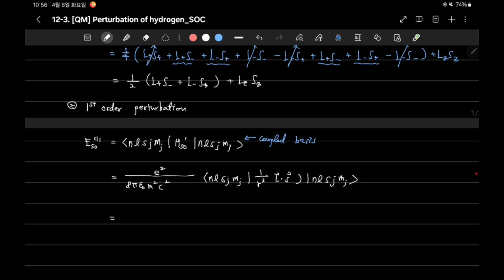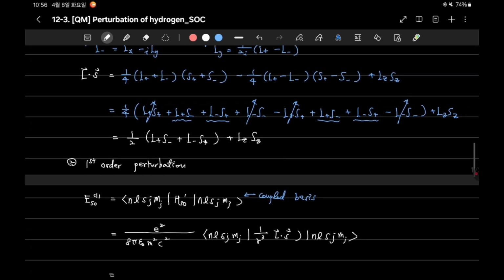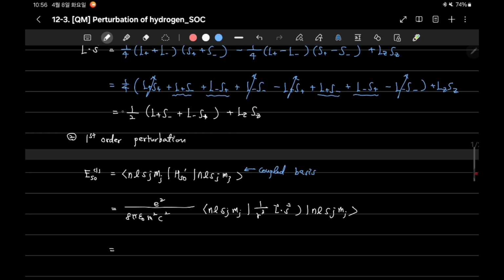Then it is written down from L dot S, with the prefactor e squared over 16 pi epsilon 0 m squared c squared, and the expectation value of 1/r cubed.